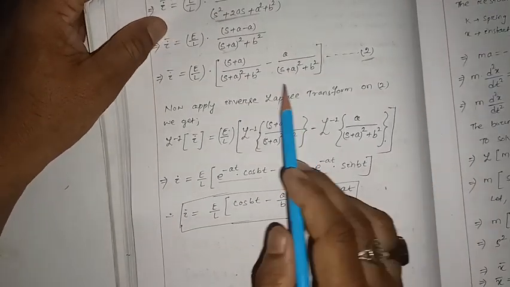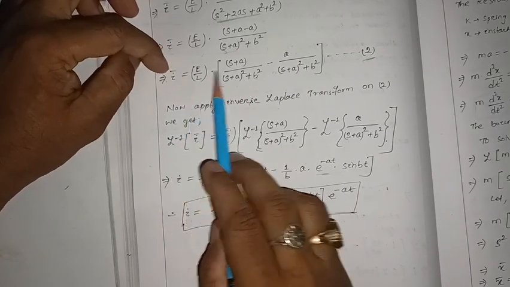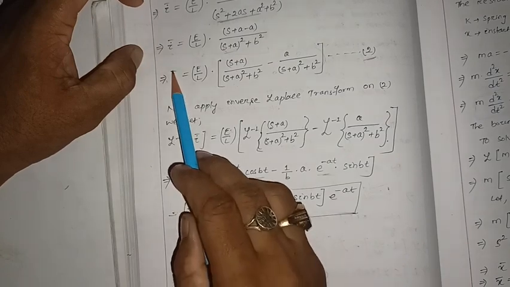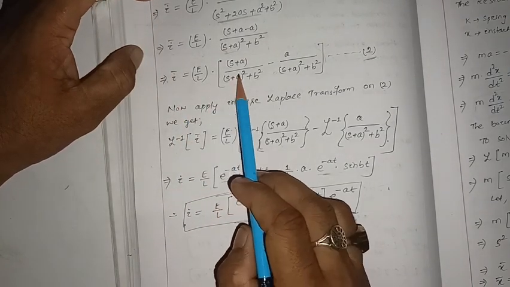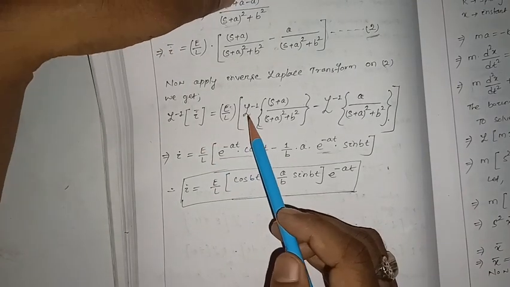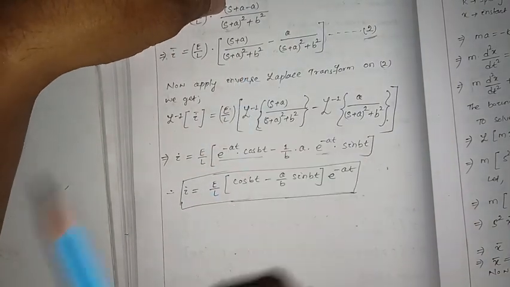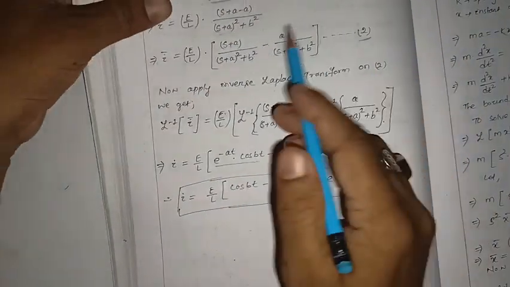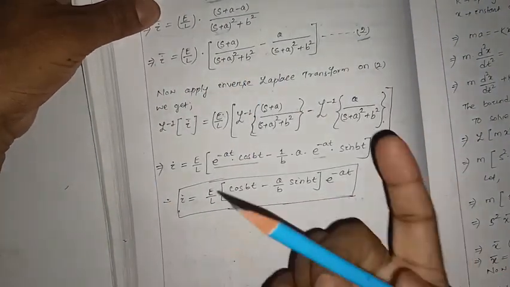Now we are going to take the inverse Laplace transform of this equation, that means left side and right side. Inverse Laplace transform of I bar, inverse Laplace transform of this and this. E by L is constant taken outside. Inverse Laplace transform of s plus a by s plus a whole square plus b square, means it is straightly, suppose we have s by s square plus b square, that means cos bt will be the answer.